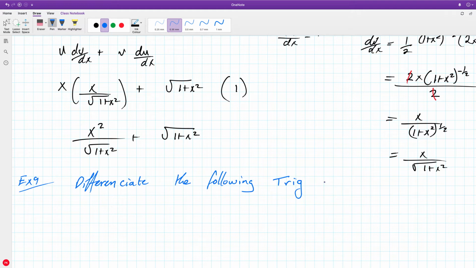Differentiate the following trig functions. So y is equal to the sine of 4x. So page 25 again, guys.